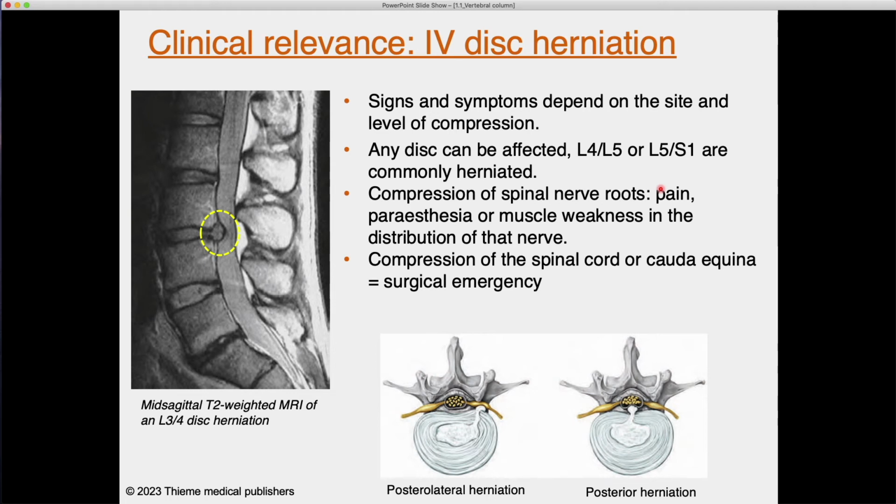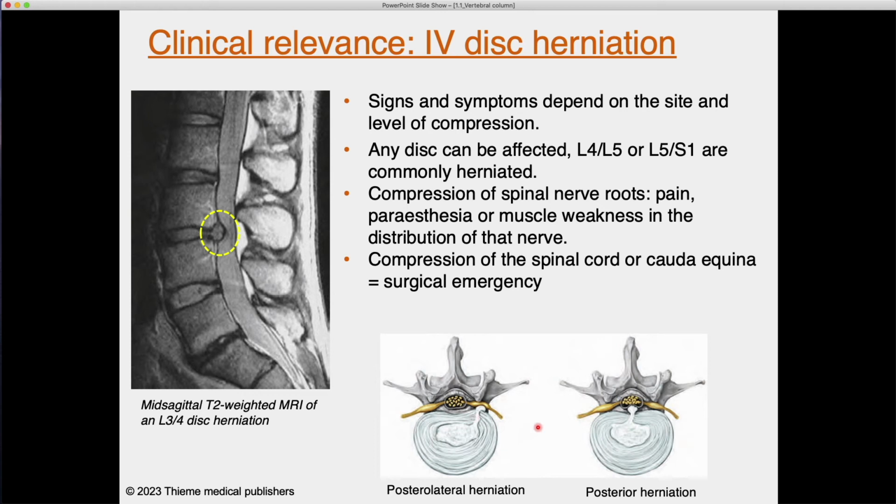But in some cases, when the vertebrae are compressed more anteriorly or more posteriorly, such as when we're lifting a heavy weight, the nucleus pulposus might start herniating out of place. It may herniate posterolaterally, and in that case, it may compress a single spinal nerve. That will lead to weakness and sensory losses along the distribution of the nerve which is being compressed.